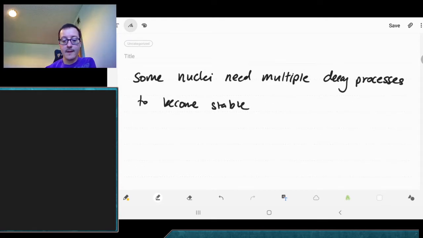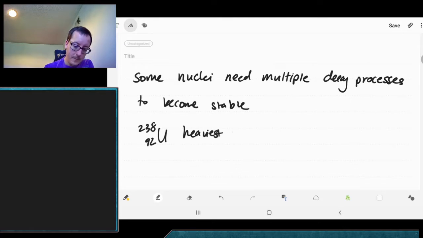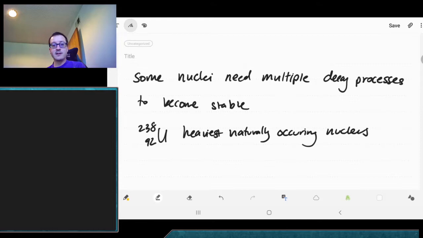One of the most common ones is uranium-238. Uranium-238 is our heaviest naturally occurring nucleus that we'll find.